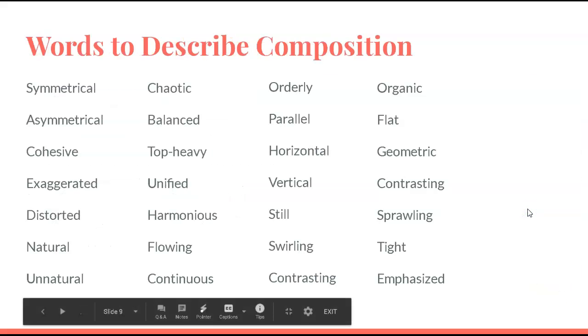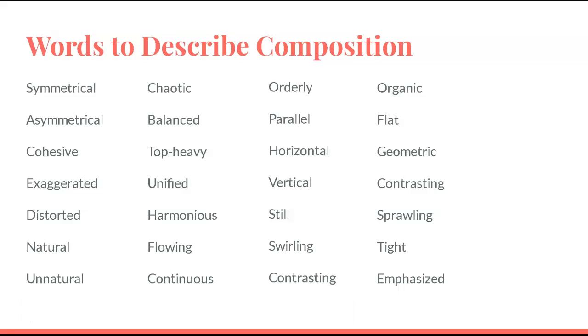Now, in terms of words used to describe composition, because it's going to be very important that you're able to adequately describe the way an image is organized, these are some classics that you can use very easily. Symmetrical, asymmetrical, cohesive, exaggerated, distorted, natural, unnatural, chaotic, balanced, top-heavy, unified, harmonious, flowing, continuous, orderly, parallel, horizontal, vertical, still, swirling, contrasting, organic, flat, geometric.